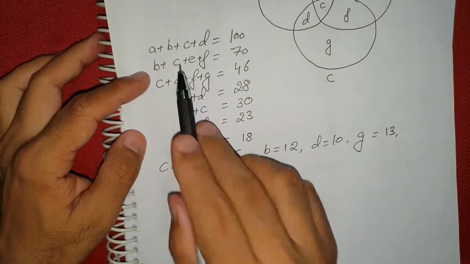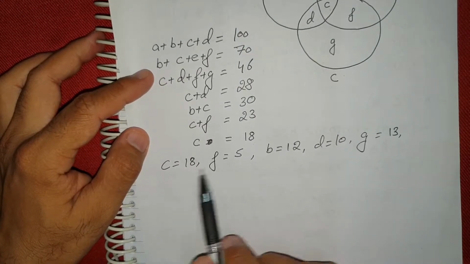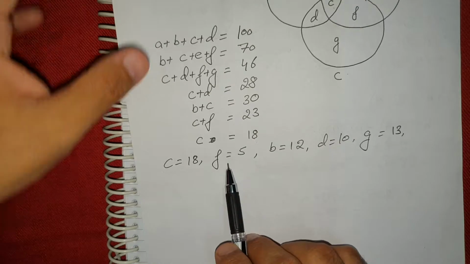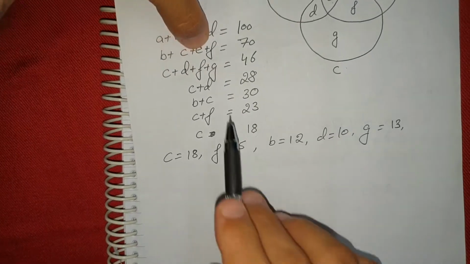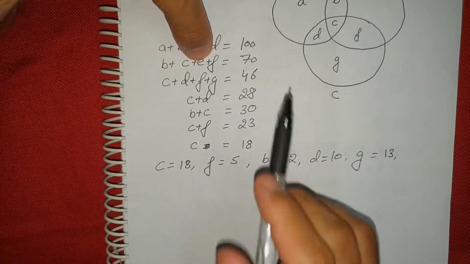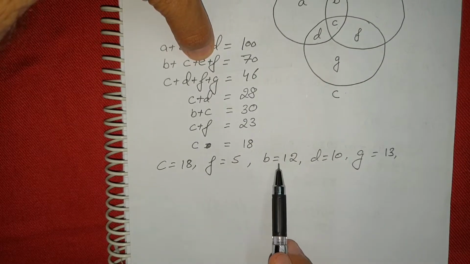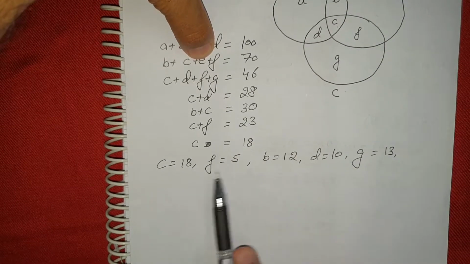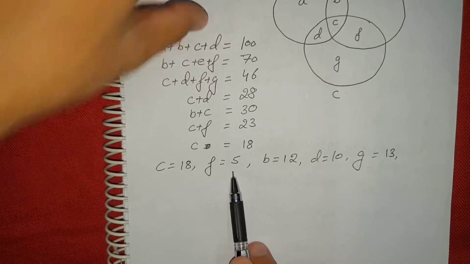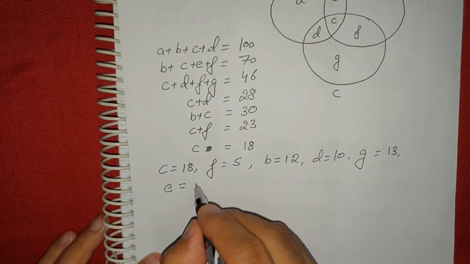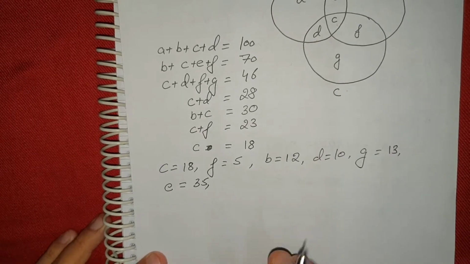Similarly E. We know B, we know C, we know F. So E will be 70 minus (12 plus 18 plus 5), so E will be 35.